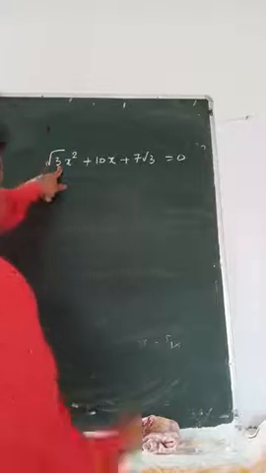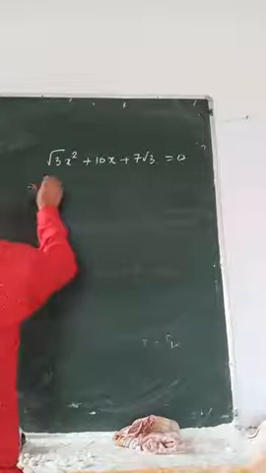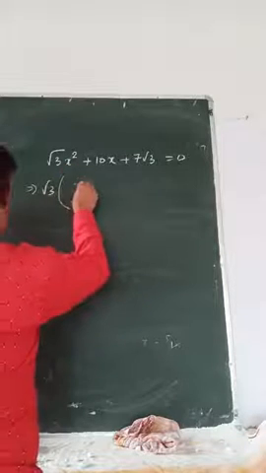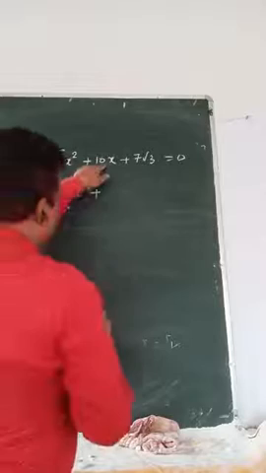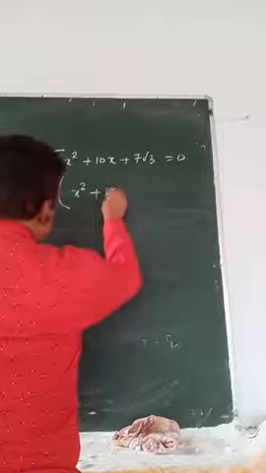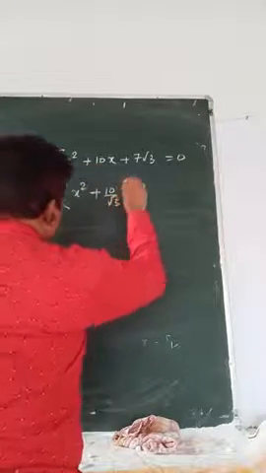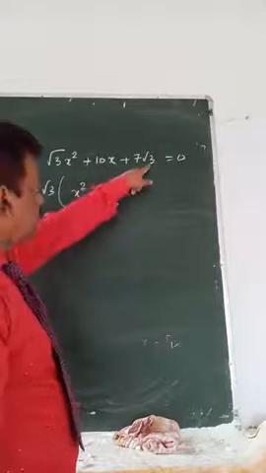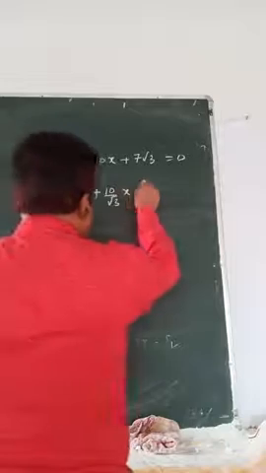So to remove this means take root 3 common. Here is x square, here is no root 3. So 10 by root 3 then x. Because no root 3 means you have to divide. But here is root 3, so it is 7.